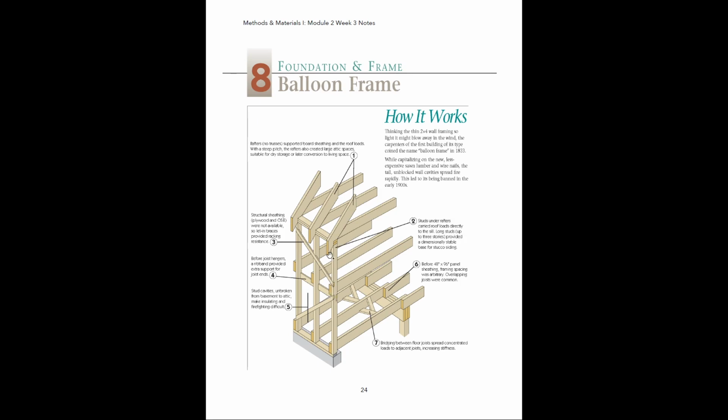And the walls on the exterior are 2x4, which modern walls are not that thin. Usually they're thicker than that to allow for a proper R value and for proper structure. But basically, balloon framing is kind of outlawed. You don't build houses like this anymore just because it's not that great of a structural system.